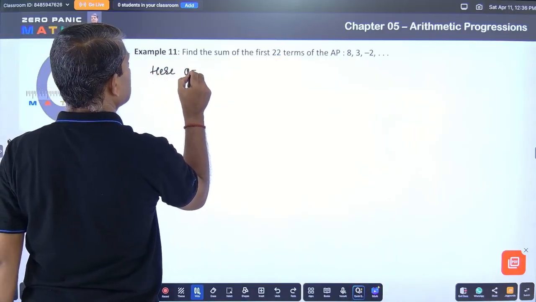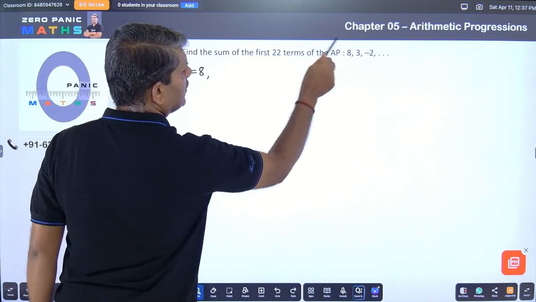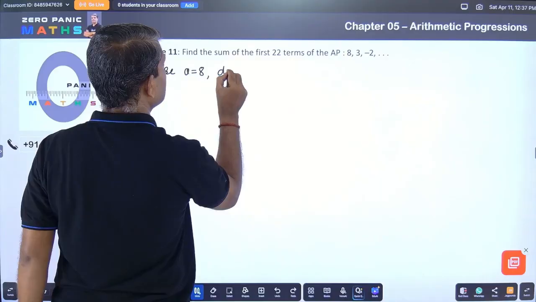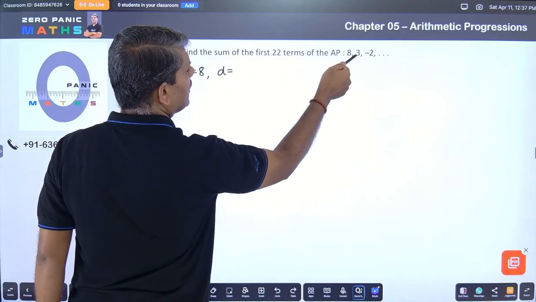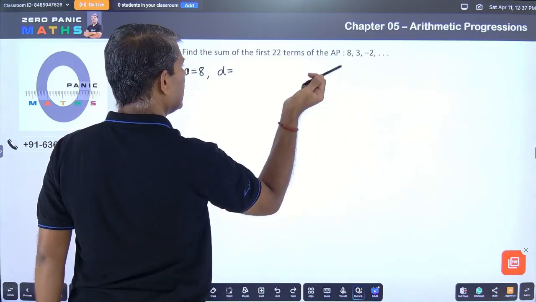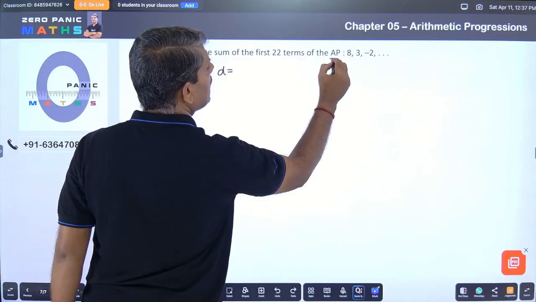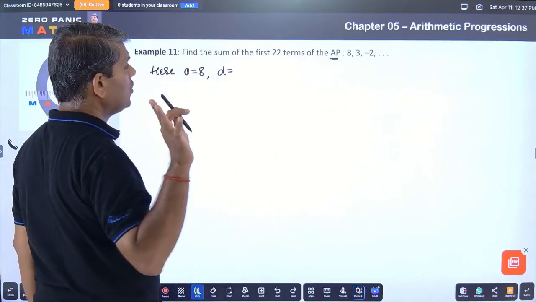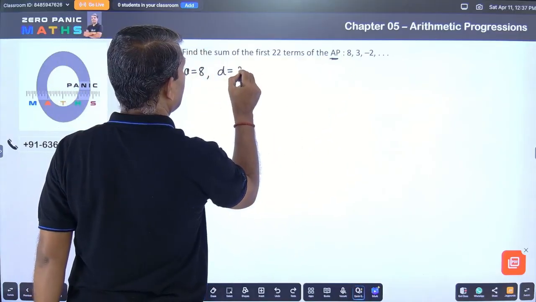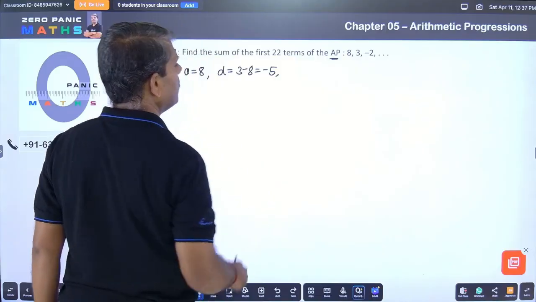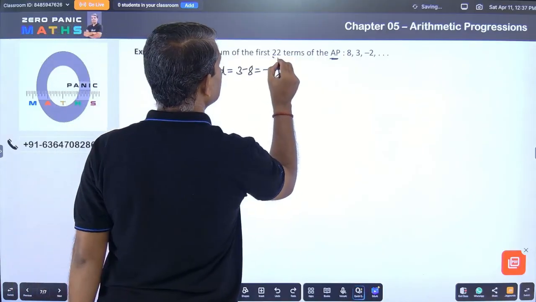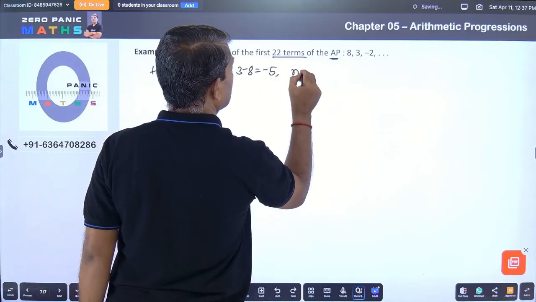Here a is equal to 8, that is the first term. And what is d? D is the difference between the second and first, or third and second. It will be the same because they have given it as an arithmetic progression, so you don't have to worry about that. 3 minus 8 is minus 5. Minus 5 is d.